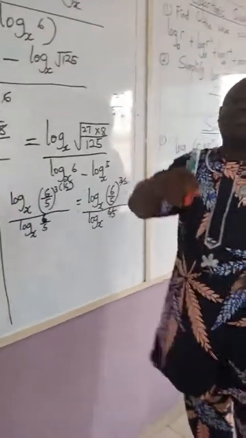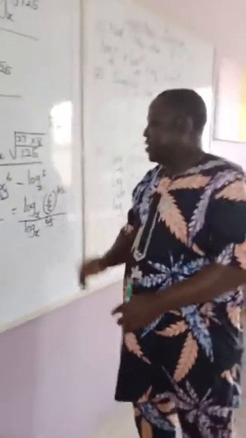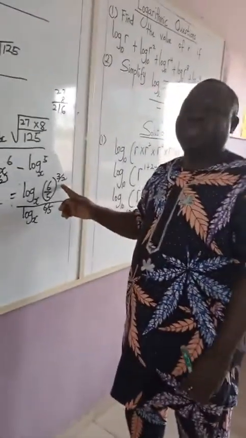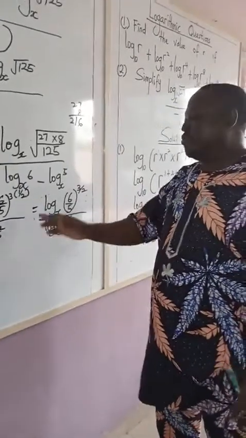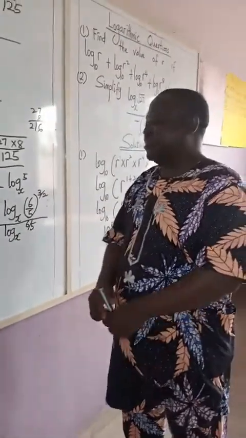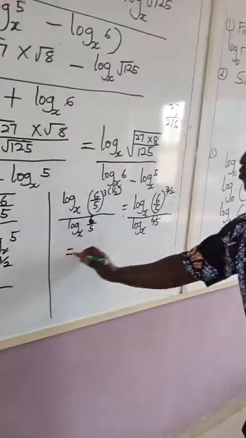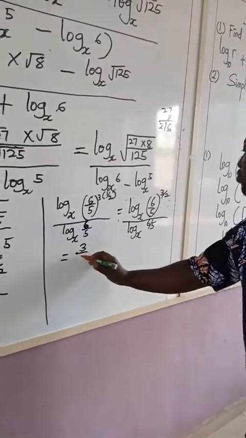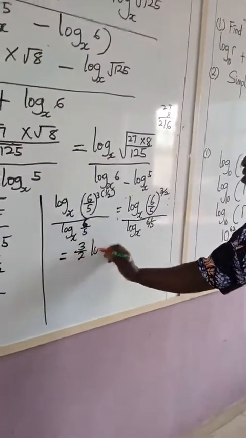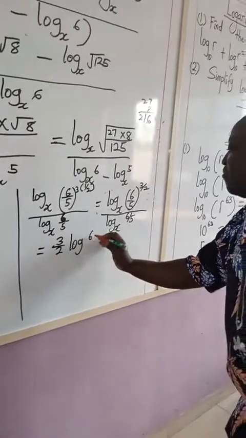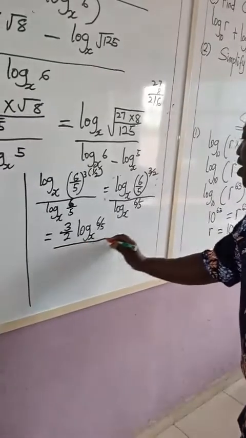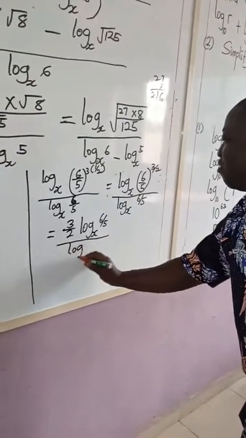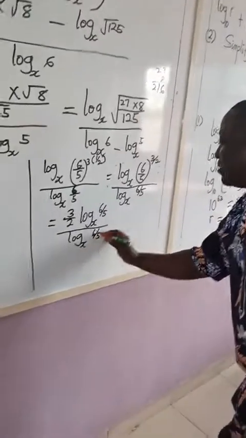Then, according to one of our laws of logarithm, this 3 over 2 here will be transferred to the left hand side so as to become the coefficient. Then this is equal to 3 over 2 logarithm of 6 over 5 in base x all over logarithm of 6 over 5 in base x.